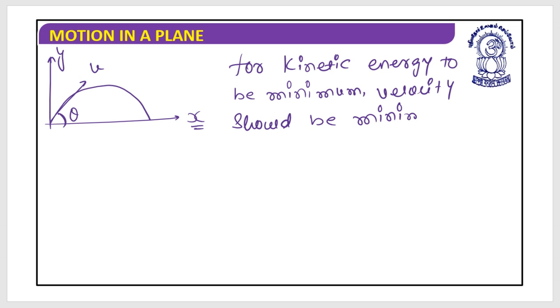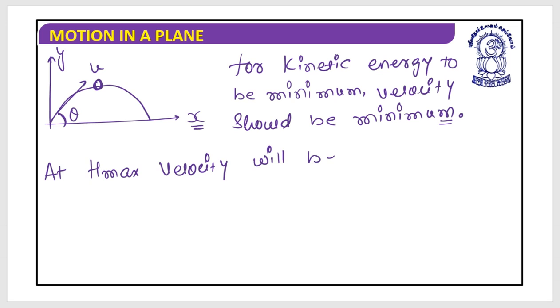Where would velocity be minimum? At h max. At h max, velocity will be minimum. And what would be the velocity at h max? It is u cos theta.